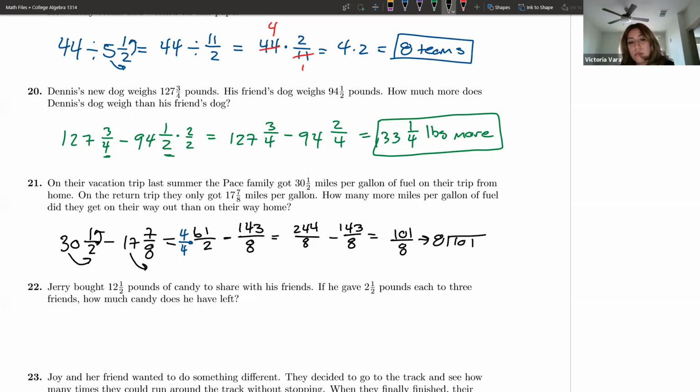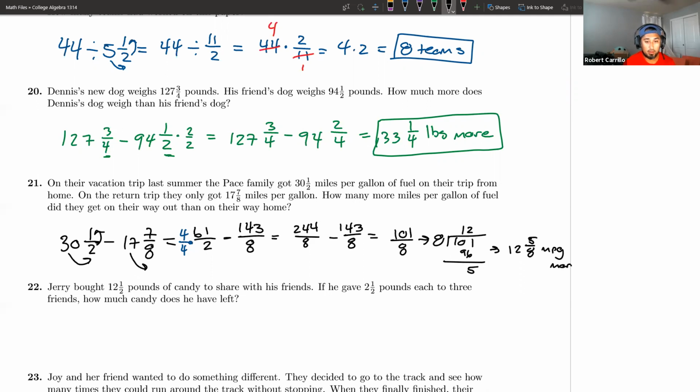Good. 8 times 12 is 96. We get that remainder of 5, and we get that they got, what is it? How many more miles per gallon of fuel did they get on their way out? They got 12 and 5/8 miles per gallon more.